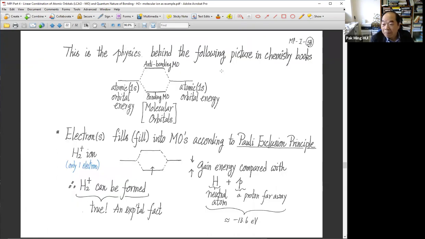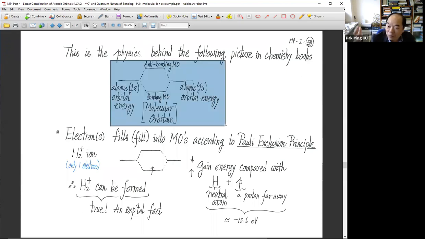So let's get back to some chemist picture. We have discussed the quantum physics of this particular H2 plus ion bonding, and how do the chemists represent this result? Usually, it is done like this. You will see such pictures everywhere in chemistry books, and actually in physics books on atoms and molecules.